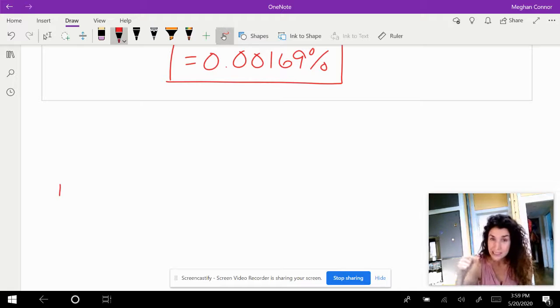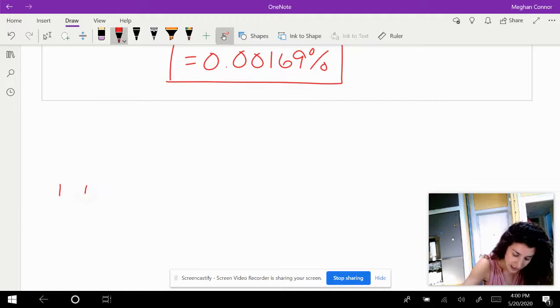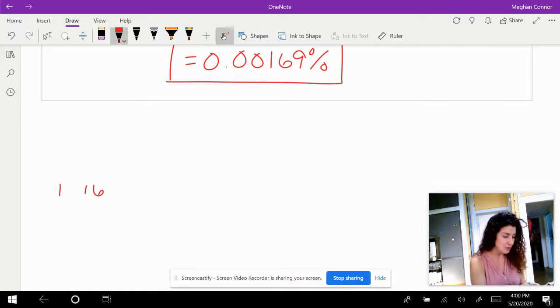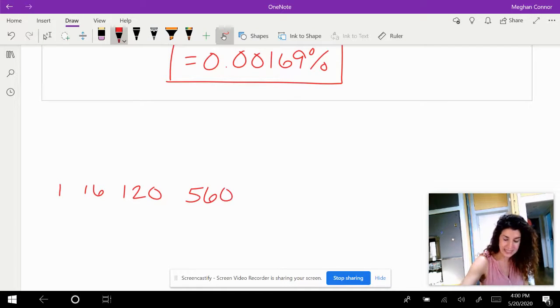If you did 16 choose 1, you would get the second number. If you did 16 choose 2, you would get 120. If you did 16 choose 3, you would get 560. And if you keep going, you will create an entire 16th row of Pascal's triangle.